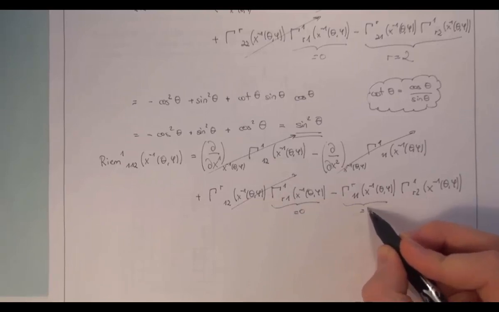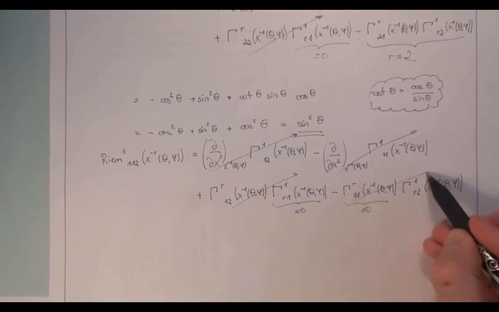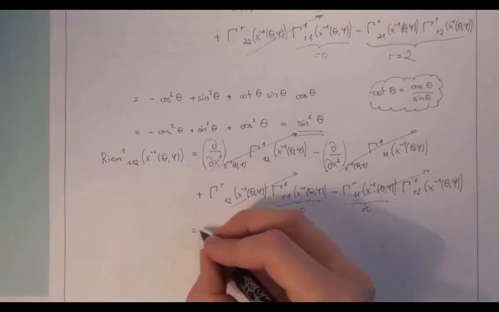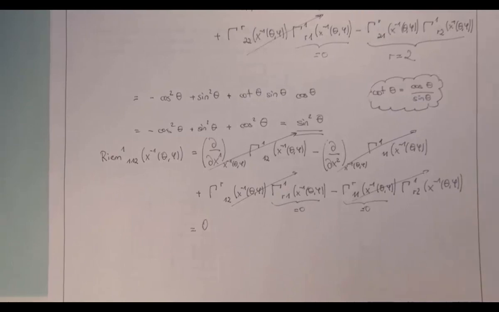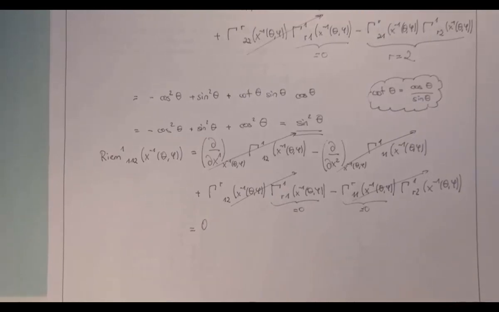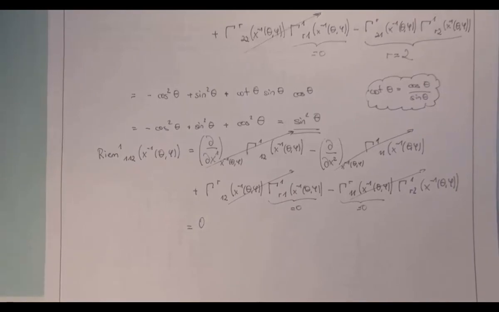Well, that is also vanishing independently of r, so this term is also gone, and we find that this component of the Riemann curvature vanishes. So now we have seen an example for the explicit calculation of the components of Riemann curvature.